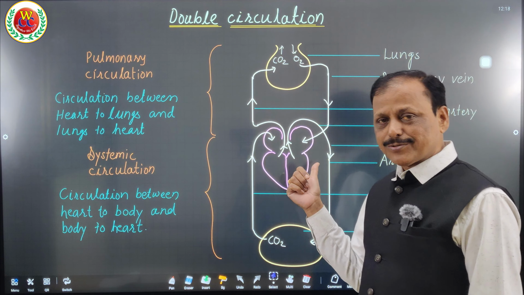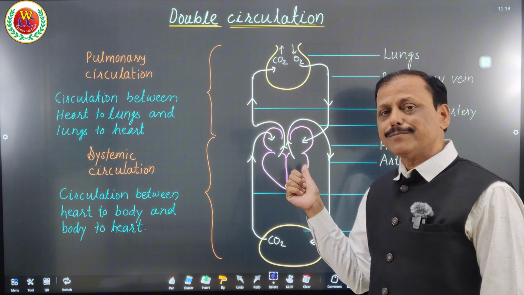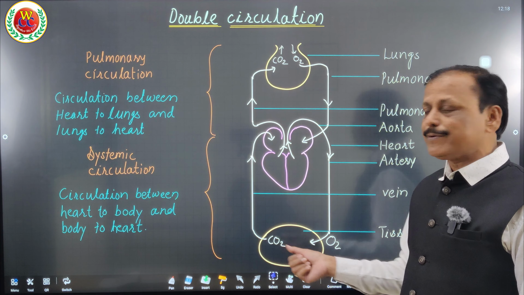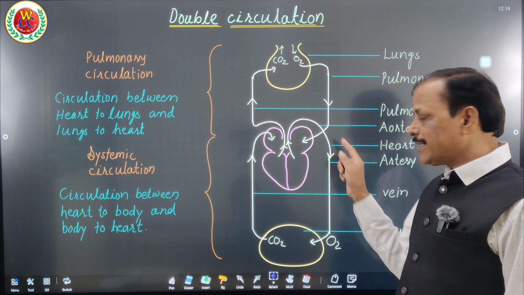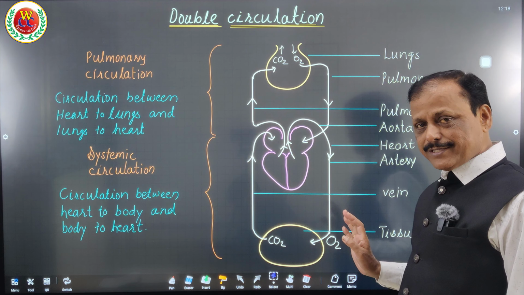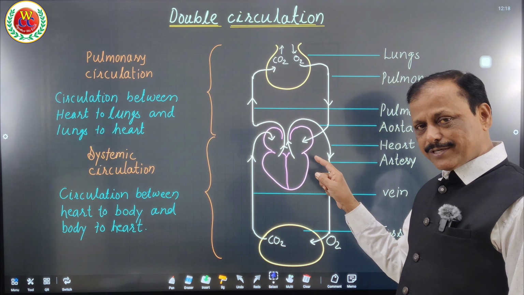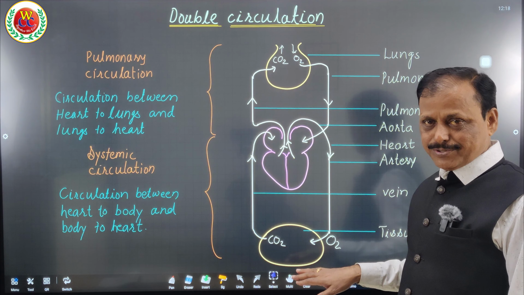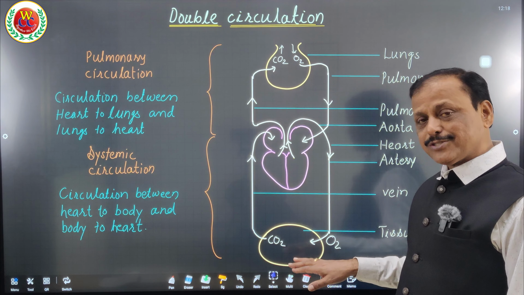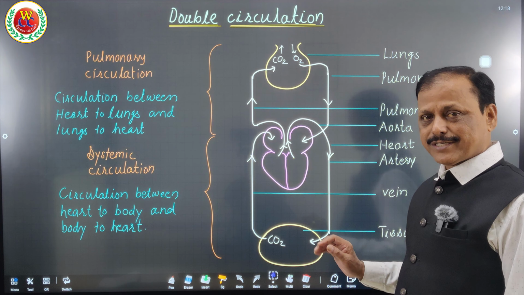And what is systemic circulation? That is the circulation between heart to different body parts and different body parts to heart. Aorta, arterioles and capillaries carry oxygenated blood from the heart to the different body parts to deliver the oxygen and nutrition, as well as to collect the carbon dioxide.